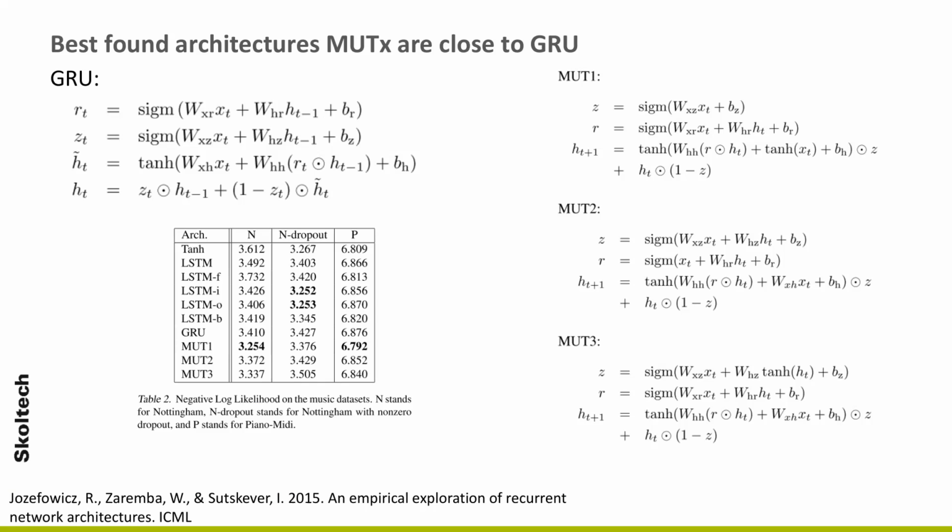Again, we generate some Z from X, we generate R from X and H, and we generate H t plus 1 by keeping it like this. So this is what we remember, this is what we keep, and this is what we forget. Basically, what we add, what we update here, and this is quite similar actually to GRU.